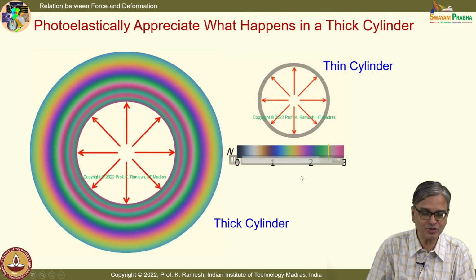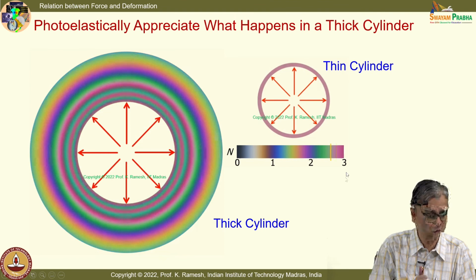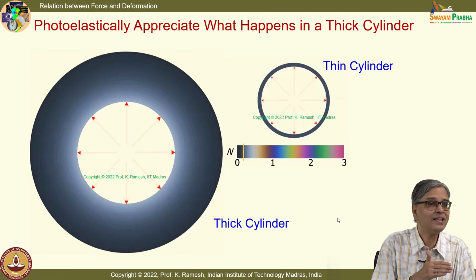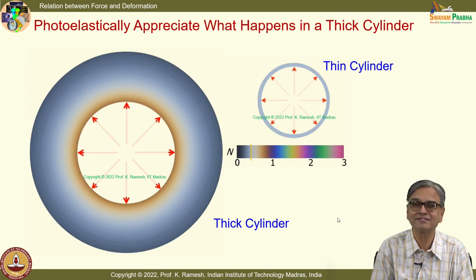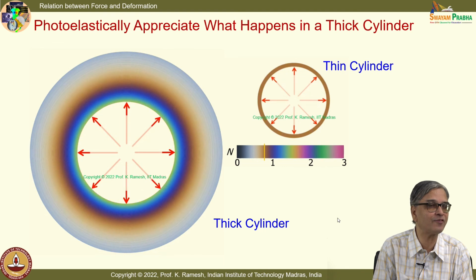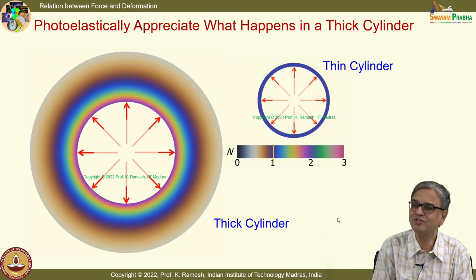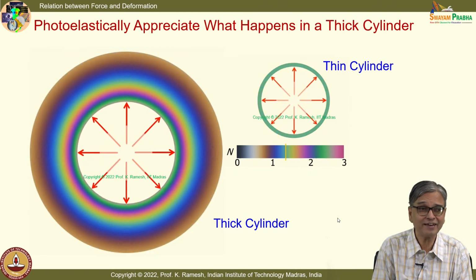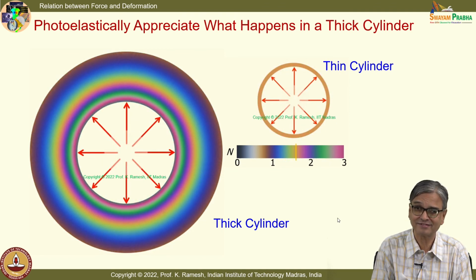Can you make one more observation? Here I have shown 0, 1. I have fringes. What is the difference between the fringes? Uniform, like what you had seen in the beam? It is not uniform. So, it is different. So, it is non-linear.